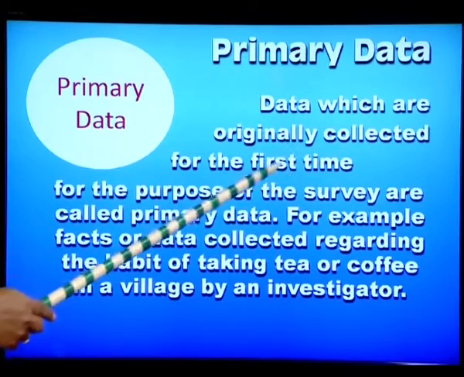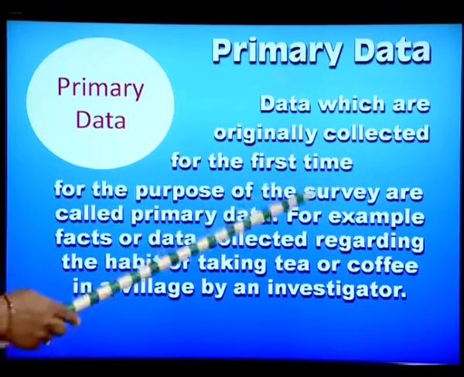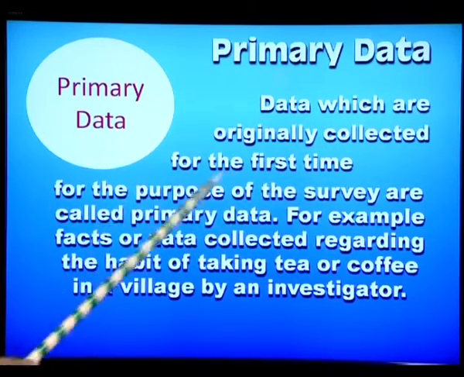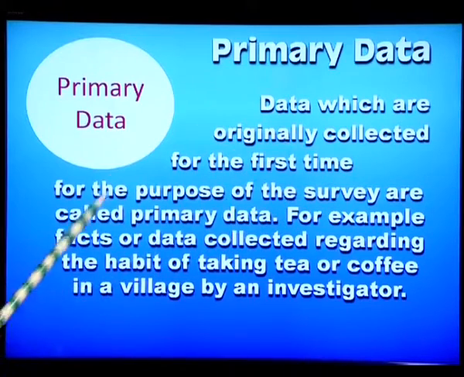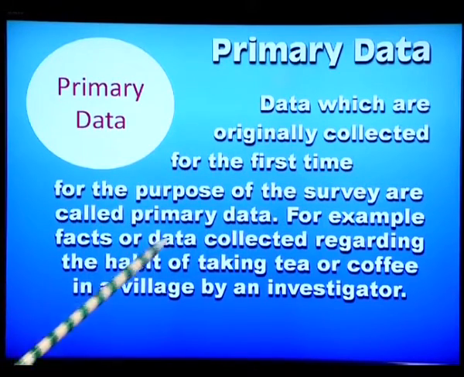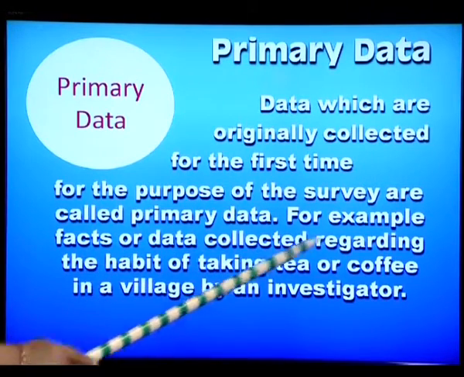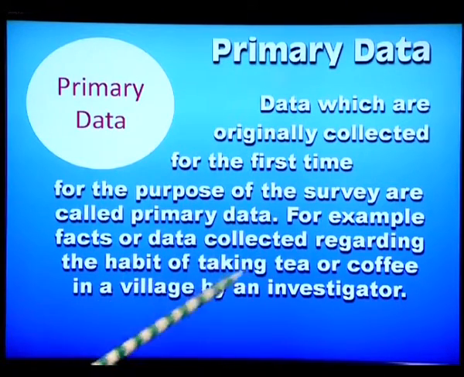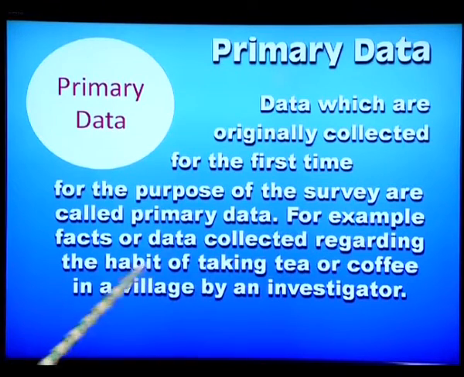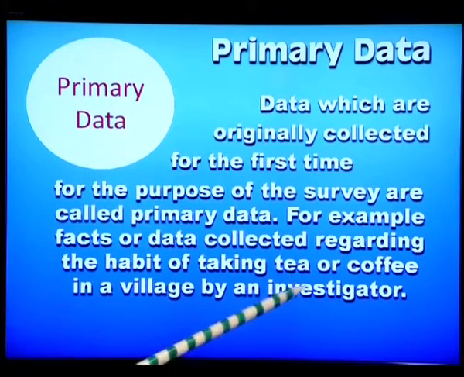Primary data, which are originally collected for the first time for the purpose of the survey, are primary data. For example, facts or data collected regarding the habit of taking tea or coffee in a village by an investigator will be considered as primary data.